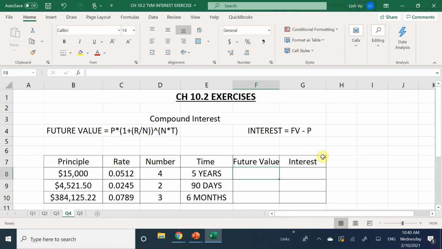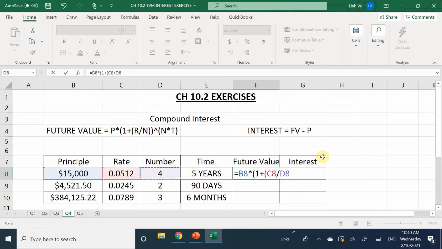Again, it's going to equal your principal times parentheses 1 plus parentheses your rate divided by the number of times compounded, close parentheses, caret, which is Control Shift 6, and then you're going to open your parentheses one more time to calculate your n times your years, which is 5, or your time.